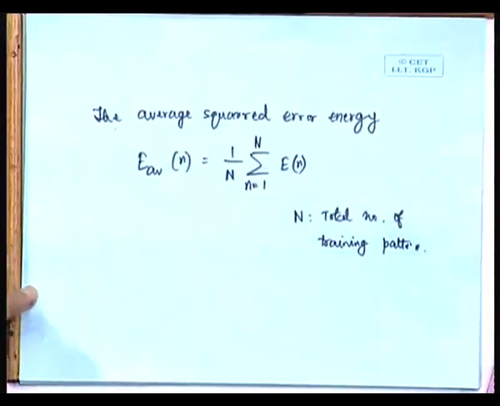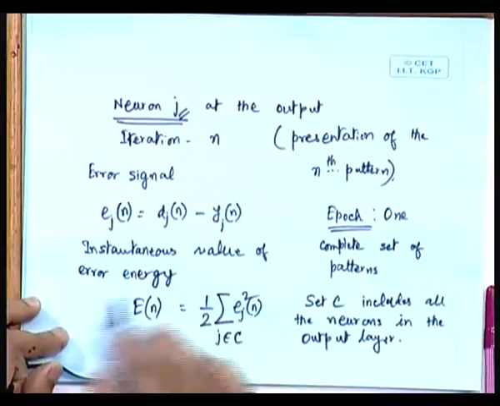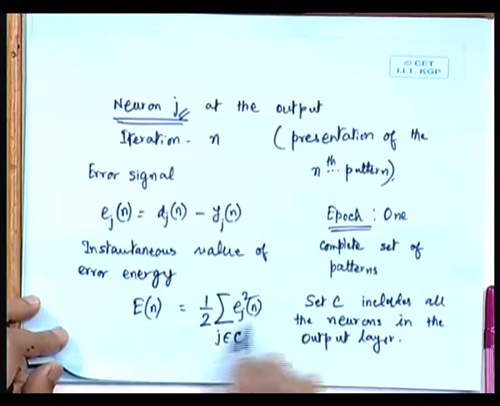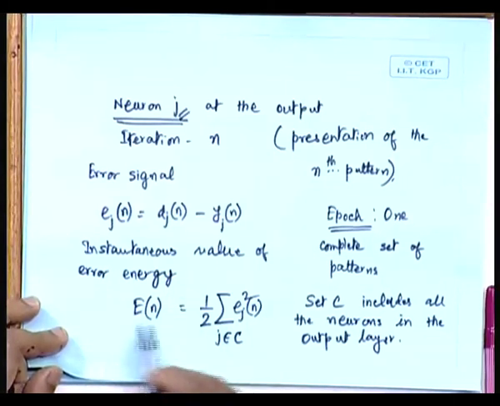Now, the minimization of this average squared error energy is just going to be an estimate of what the average weights are going to be.